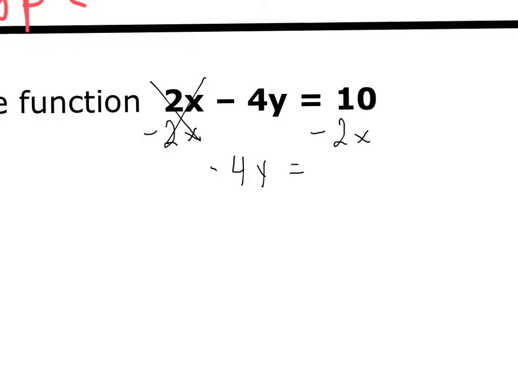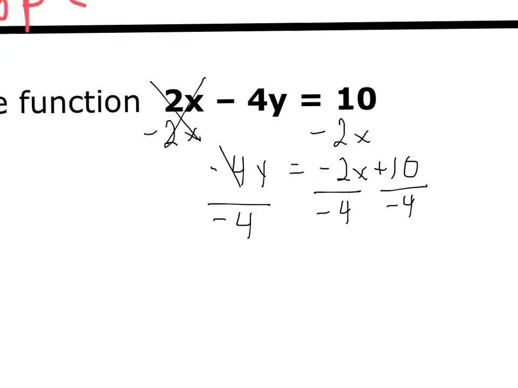Okay, and this negative 2x and the positive 10, you cannot add those together. You have to bring them down separately. Okay, last step, we have to then go ahead and solve for y. So we want to divide by the term in front of y. Okay, so we divide by negative 4 on each of your 3 terms there. These negative 4's cancel.